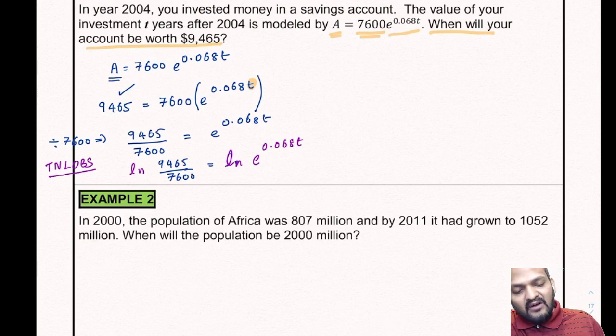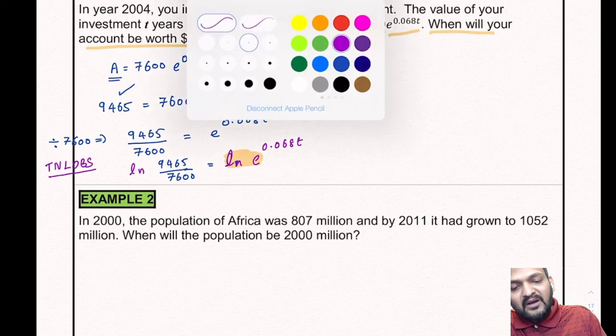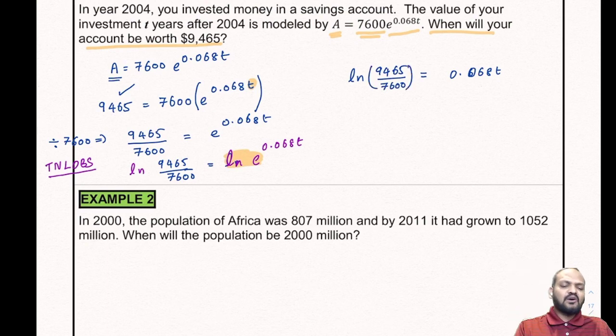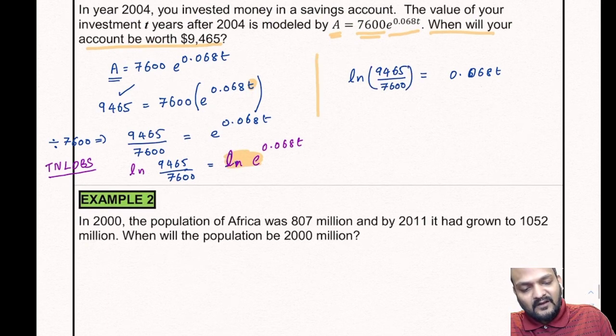When I do that, since the natural logarithm and the exponential are inverses of each other, that goes away. I'm left on my right-hand side with simply 0.068t, and my left-hand side is ln of 9465 over 7600. You can simplify this right now, or you can wait until later. It doesn't matter for computational purposes, so we'll work everything out together.